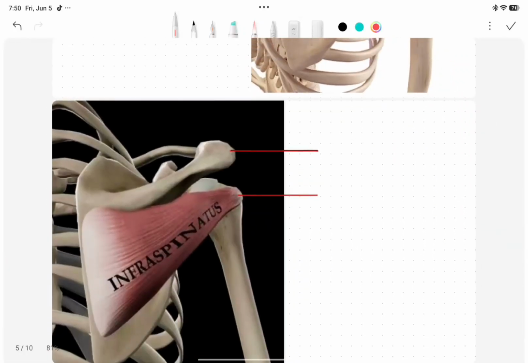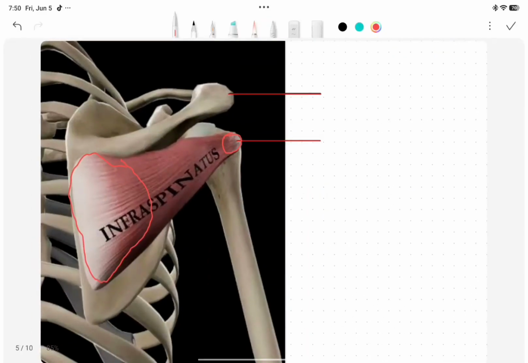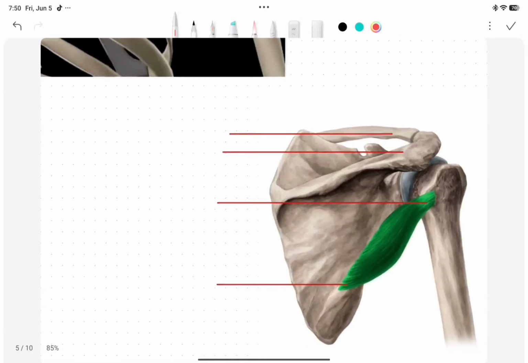So as you can see, the infraspinatus originates from the infraspinous fossa and is inserted into the middle facet of the humerus, just posterior to the greater tubercle. The teres minor originates from the inferior lateral and posterior border of the scapula and is inserted into the inferior facet.